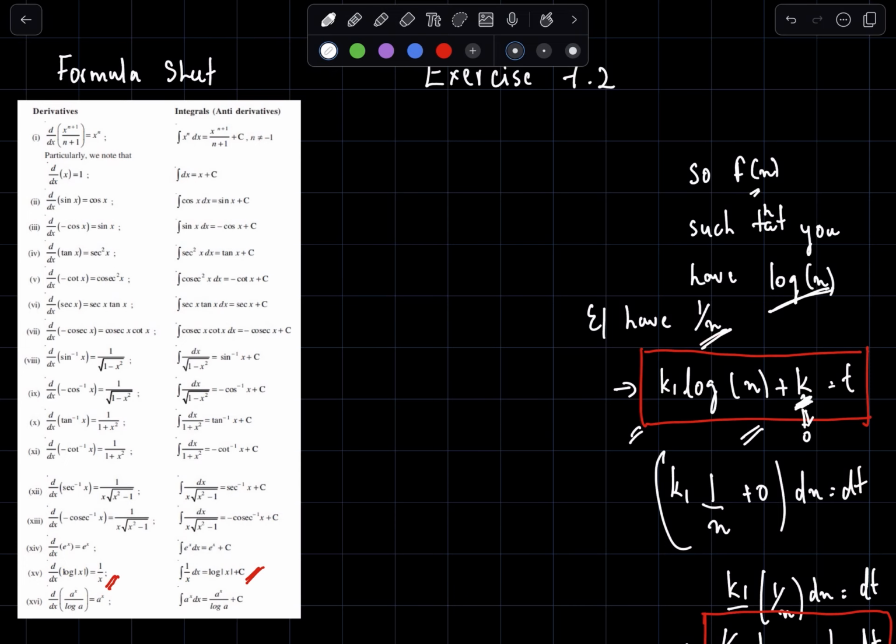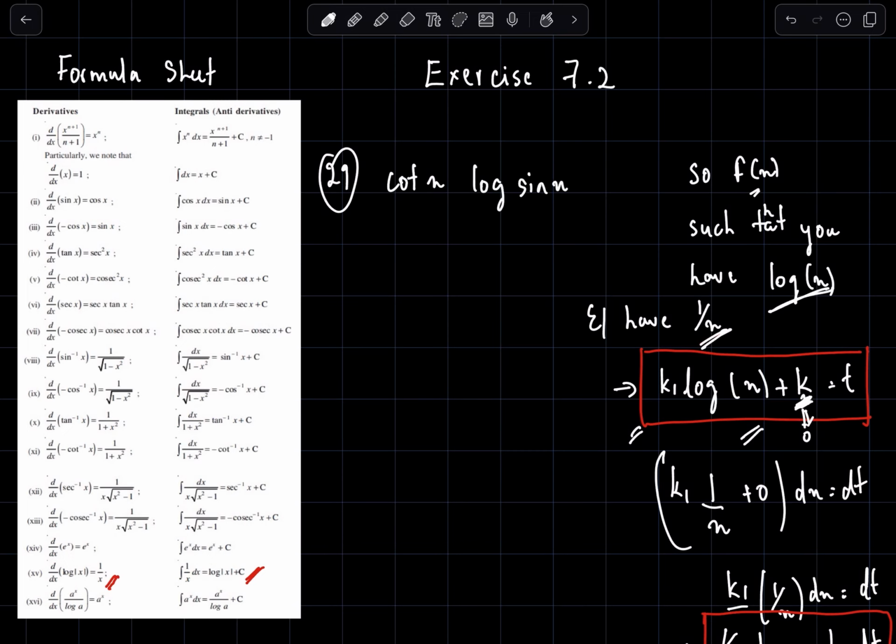Okay, so question number 29. This is an interesting one. Cot of x log sine x. Now, would this be considered? Because the other logs were with x, this is mixed in with trigonometry.